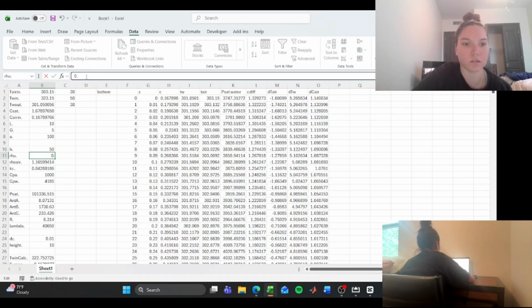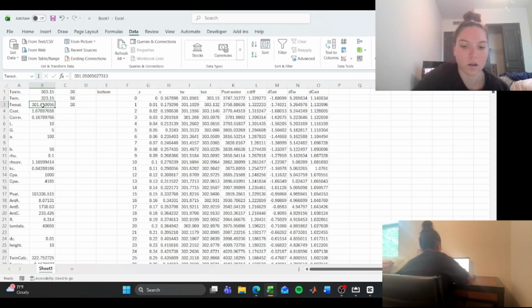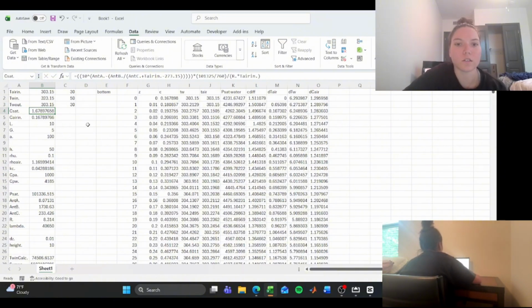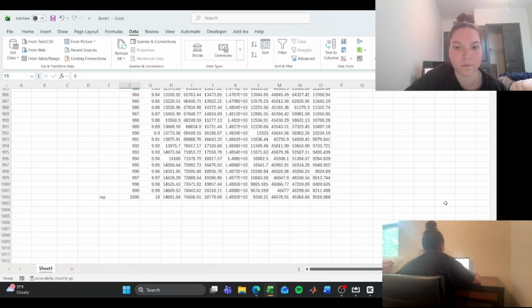Then we can change this to be at 5%. Let me change this back to 303.15. Okay, this was the original one that we had from before. Yeah, that's the original values.